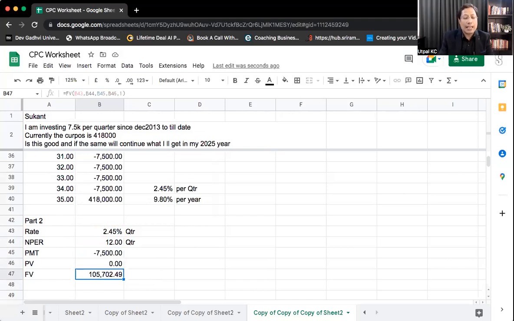And if you add this, now you can do one thing. So this you will continue, right? This you are not going to withdraw. So you can consider it as PV. So then if you do not withdraw this 4,18,000, then it will be 6,64,000 approximately at this rate. Clear? Understood? Okay.